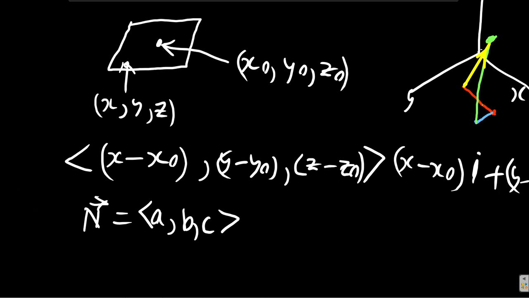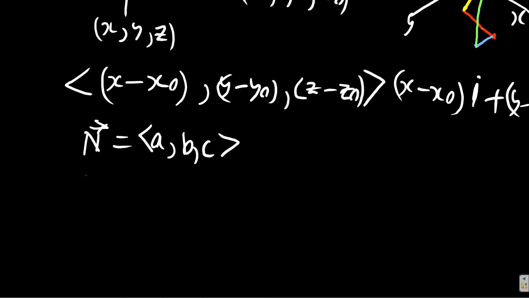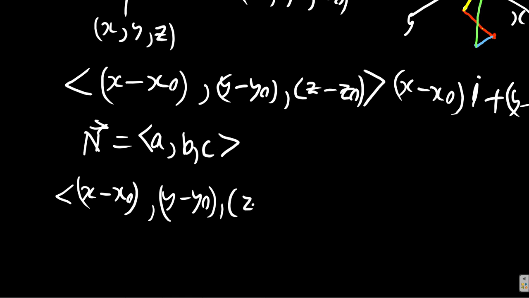So here, what you can see is that the vector <x minus x0, y minus y0, z minus z0> dot <a, b, c> is equal to 0, and remember how to calculate the dot product: you multiply this times this, plus this times this, plus this times this.